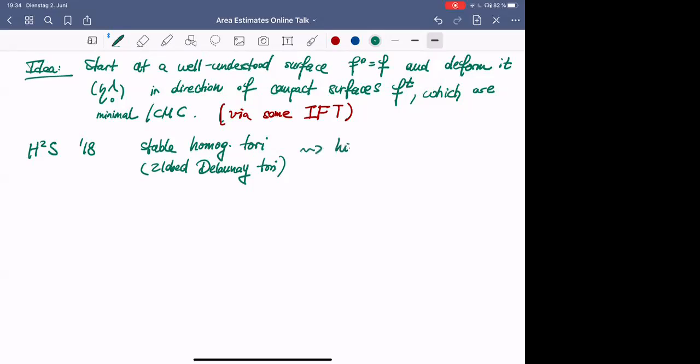And what we obtain are high genus minimal surfaces. That also works for CMC surfaces, but with branch points, exactly at those 4 points I showed you before, which are the fixed points of my symmetry.